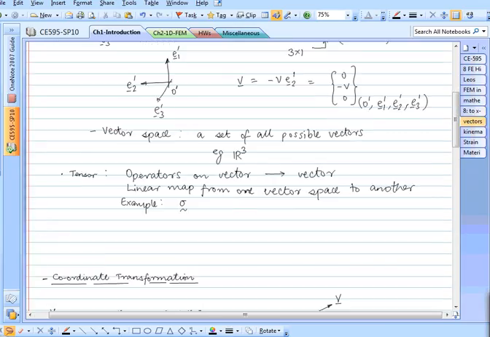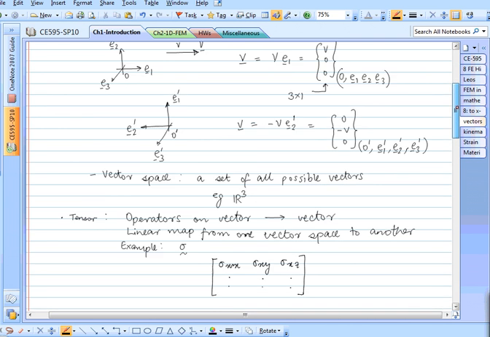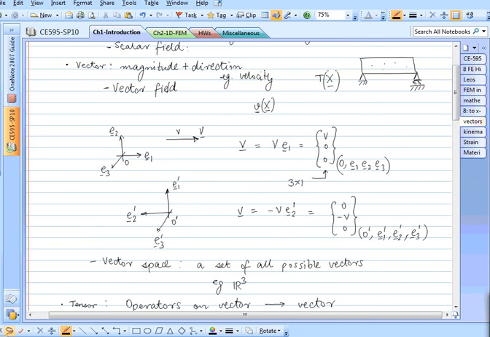All right. So that's the example of a tensor, and how is it related to a matrix? So we know that we can express this Cauchy stress as sigma xx, sigma xy, sigma xz, and so on. But the only difference between a matrix and a tensor is the same difference that we had in terms of vectors.